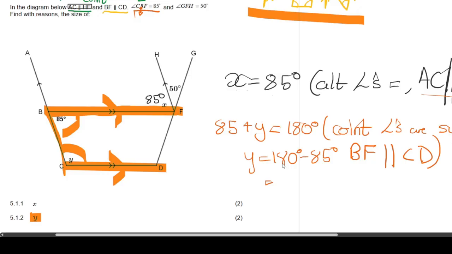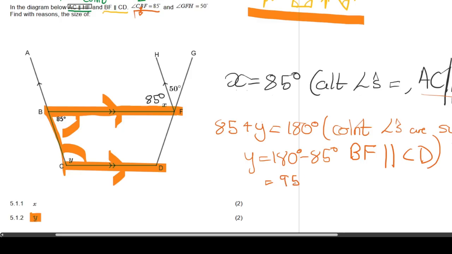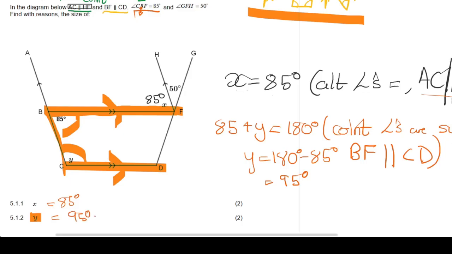Let's see. 180 minus 85 is equal to 95 degrees. So we got x to be 85 degrees and y to be 95 degrees.